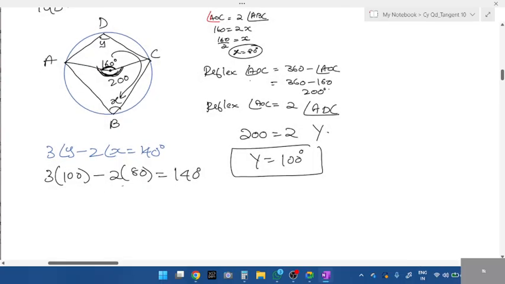Is it clear, students? All of you understood? 300 minus 160, you get 140. Left hand side is equal to right hand side.